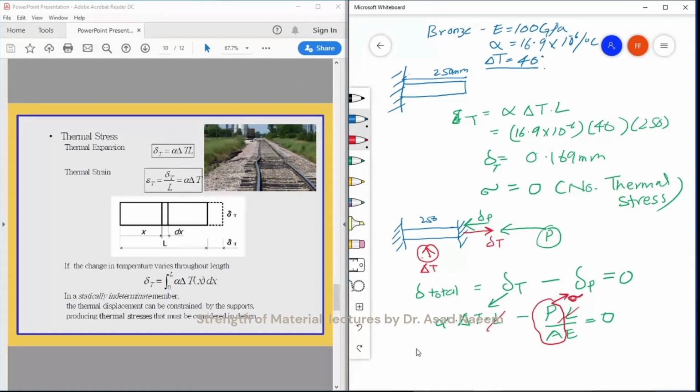So we can calculate the stress and then we can calculate the corresponding forces. So stress can be equal to alpha into delta T multiply with E.